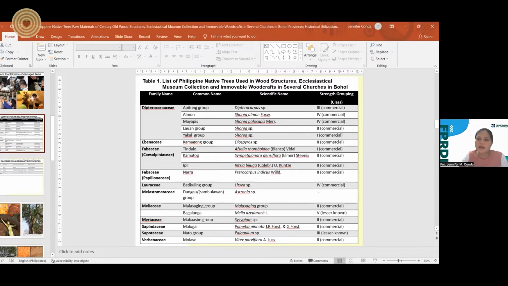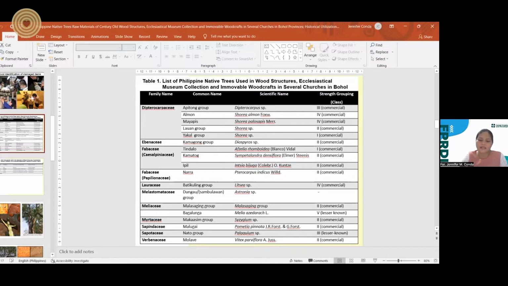Class 1 is characterized as high strength, which we can use for heavy construction, wherein strength and durability are required, such as railway, posts, high-grade beams, or balusters. Class 2 is moderately high strength, used for medium or heavy construction like heavy furniture.